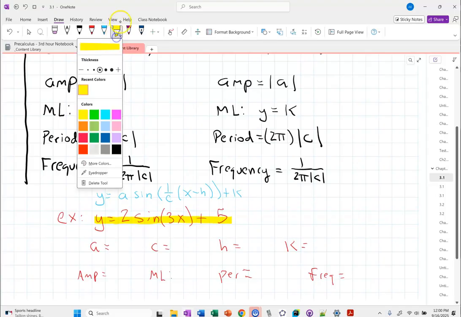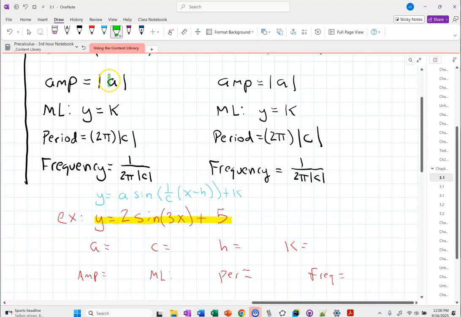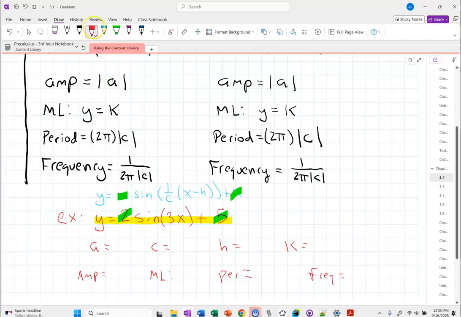If I look right away, I can see that looks like my A, and that looks like my K, right? Everybody's good with that? Those are going to be the no problemos. The place where students have a rough time is pulling the C and the H. And we'll explain why here in a second.